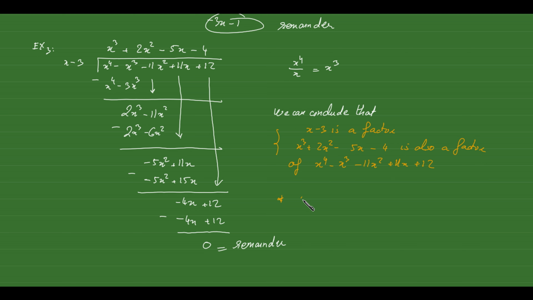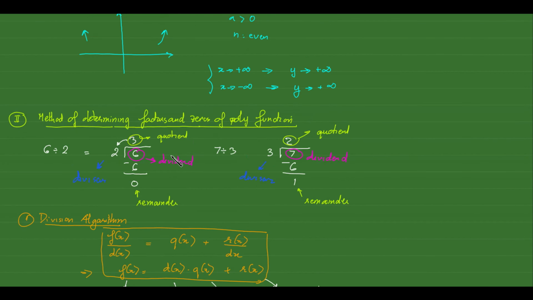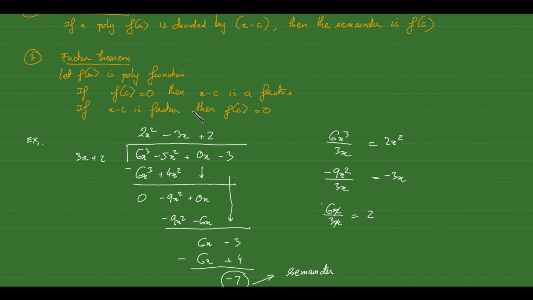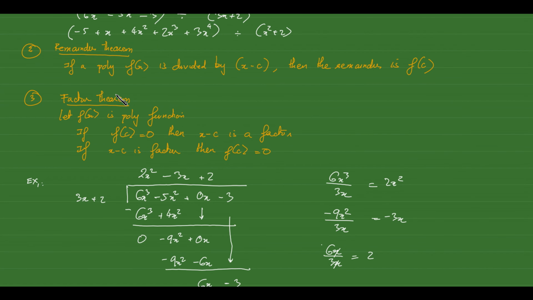We can conclude that f of c, which is f of 3 here, equals 0. Because of the factor theorem: if x minus c is a factor, then f of c equals 0. X minus 3 is a factor, so f of 3 equals 0.